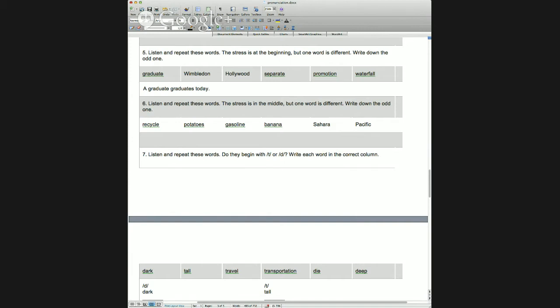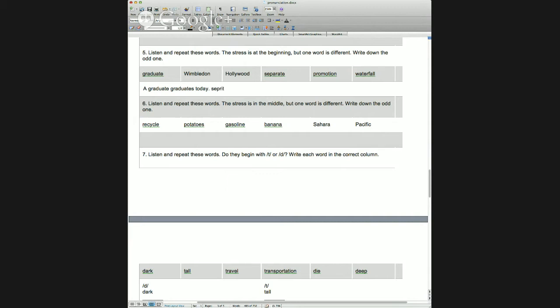Thanks. Okay. And then again, with this word, there are two different pronunciations. So we have separate, which is the verb, and then separate, which is the adjective. So the verb is separate, the way it looks like it should be pronounced.